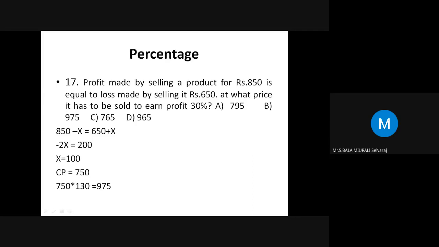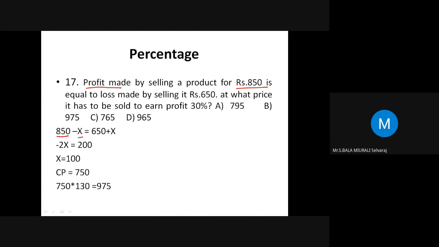So they are selling the product for 850 rupees. This 850 rupees is having a profit, right? That amount we don't know, because they mentioned it is a profit made on 850. I am deducting it.